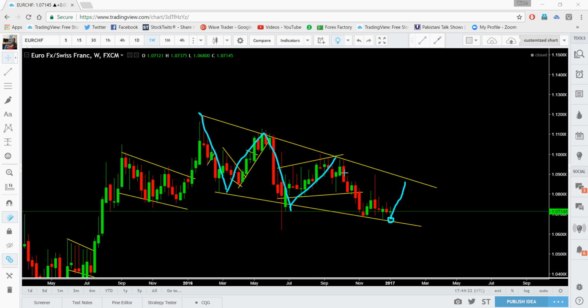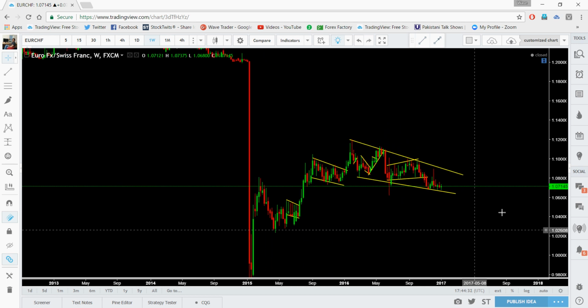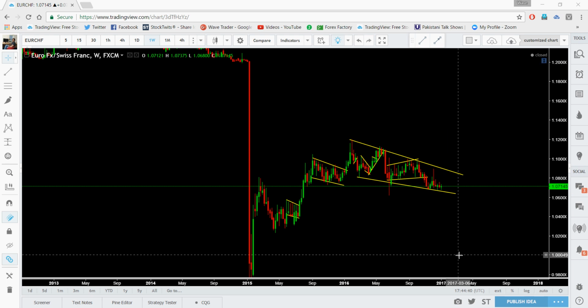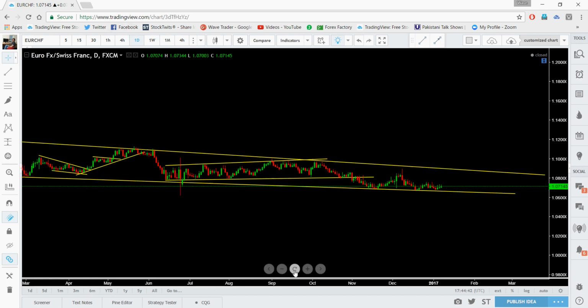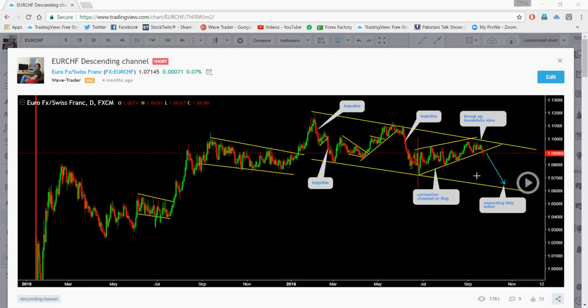The pattern we have just spoken about earlier, the descending wedge, same like your Australian dollar and New Zealand dollar. The previous one was this. We were looking for a move down from this point, and after that to the upside and then to the downside. Now we are looking again to the upside from the bottom.